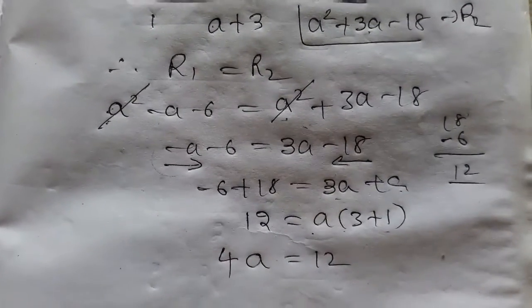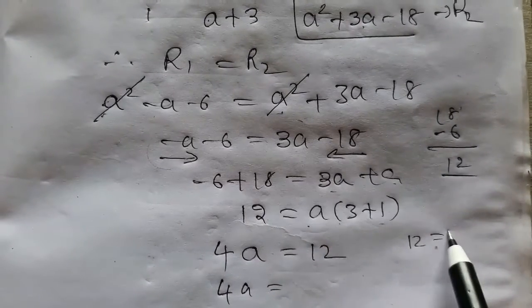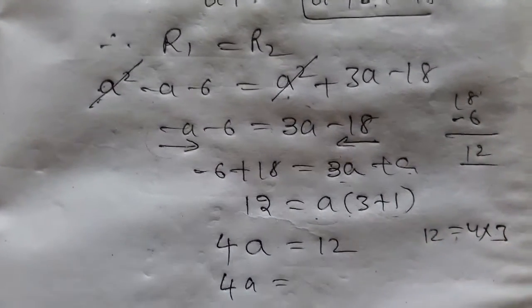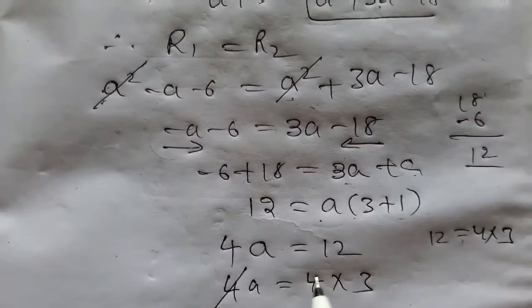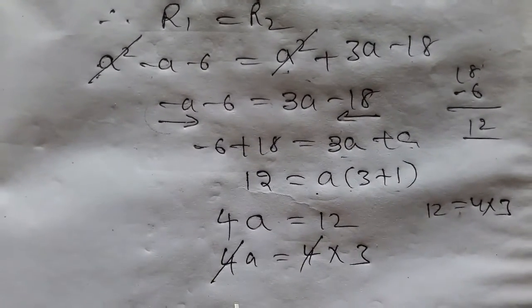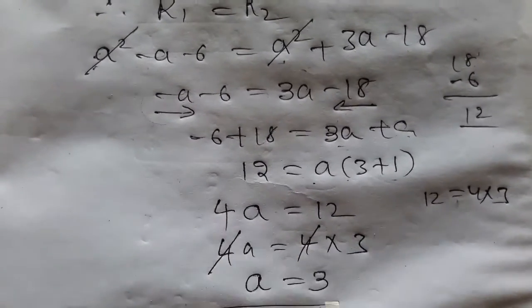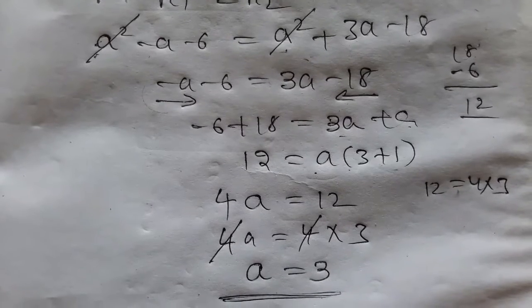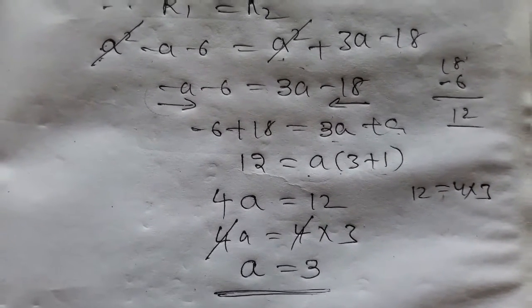So 4a is equal to 12, which can be written as 12 is equals to 4 into 3. On both sides 4 is common, then cancel it. Now finally a is equals to 3. What we got? The value of a. A is equals to 3. Understand all of you? Yes.